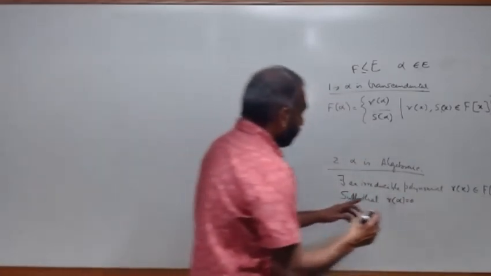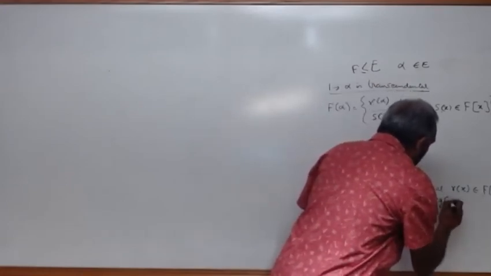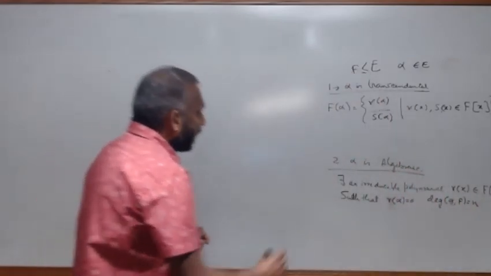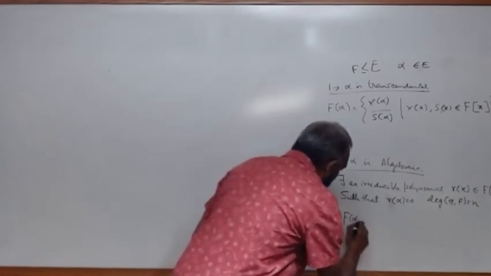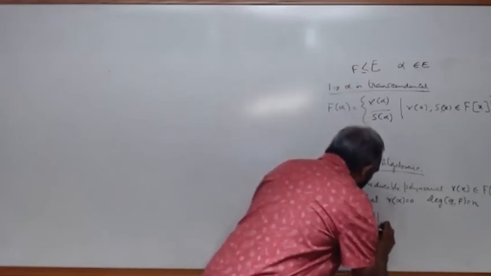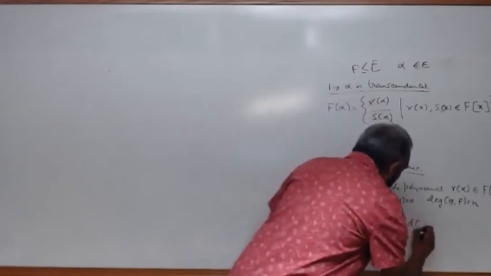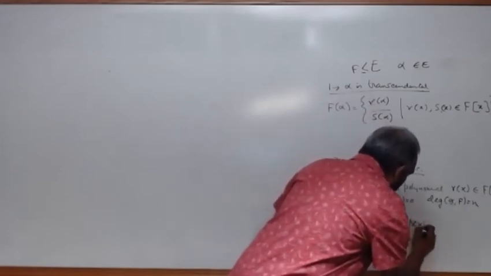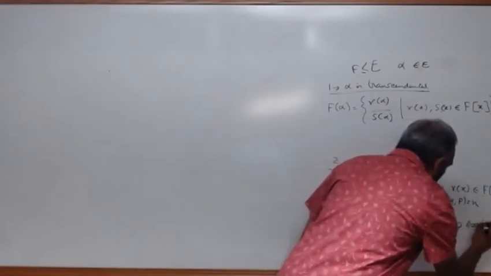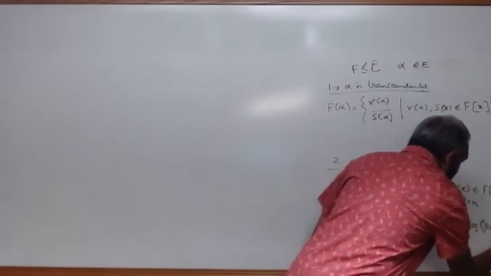Then let us assume that the degree of alpha over F is equal to n. Then F of alpha is some polynomials in alpha, where the polynomial is in F of x and the degree of p of x is strictly less than n.